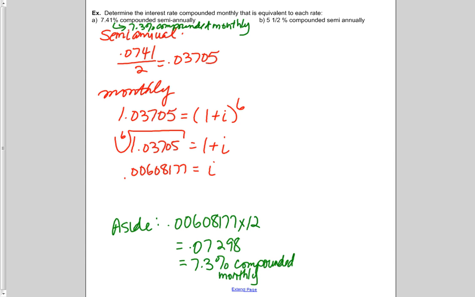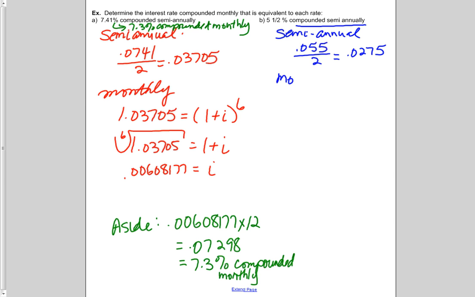Generally speaking, however, in Canada, we are given mortgage rates compounded semi-annually. So we're going to have to deal with this little calculation. If you have a semi-annual rate, you take your yearly 5.5%, divide it by 2, and that's your semi-annual rate, which is 0.0275.